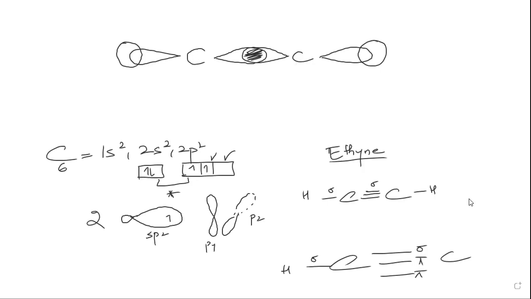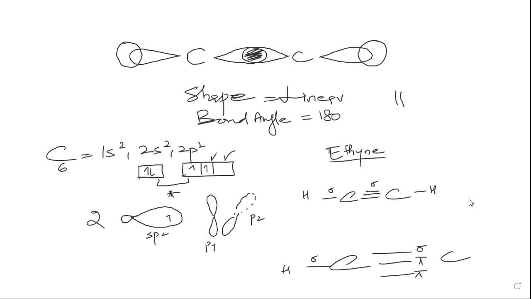You can see right now all sigma bonds are collinear, the shape is linear. So shape is linear. Bond angle, you can see bond angle is 180 degree and hybridization is sp.